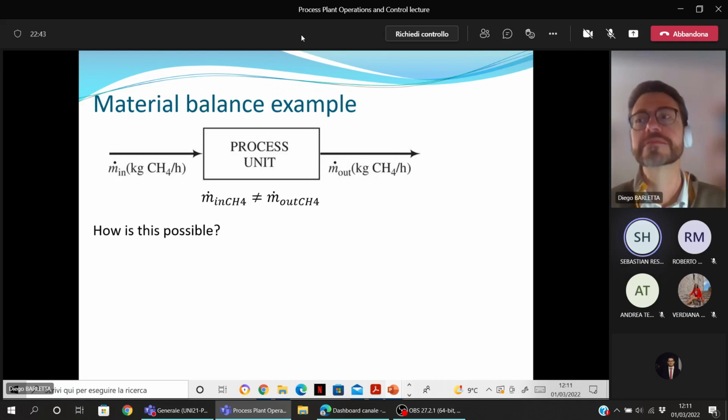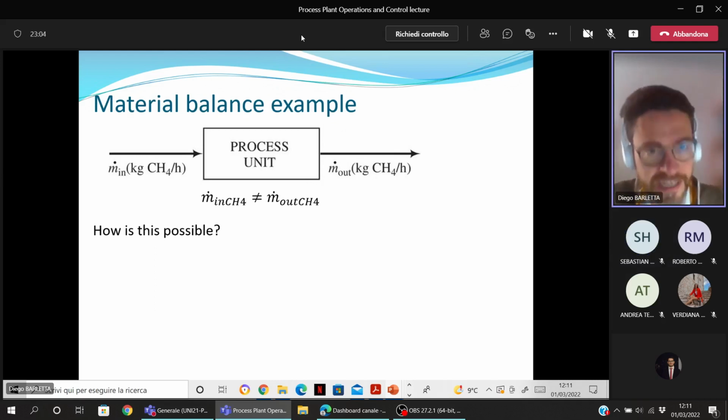Maybe at one step of the process there is a problem with a sensor. For example, in the input, we can have a sensor malfunctioning, and it could be a cause. This is a very good point. Exactly, because of course when we are just drawing the box on the slide, but this corresponds to a real unit.